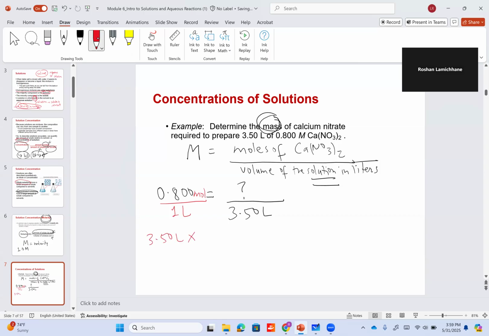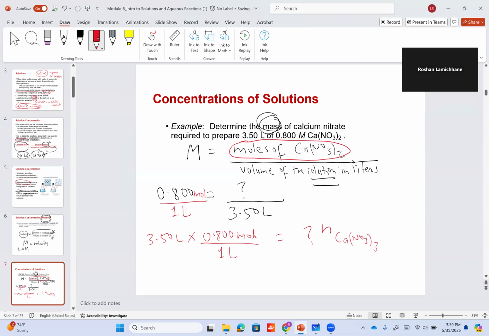3.50 liters times 0.800 moles of calcium nitrate in 1 liter of solution equals question mark, which is my moles of calcium nitrate, which I can write down as n. That's the number of moles. If you think about the PV equals nRT equation, n is the number of moles. That's what I just calculated.